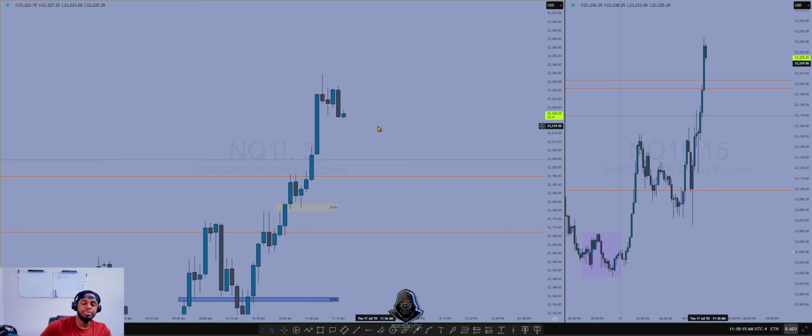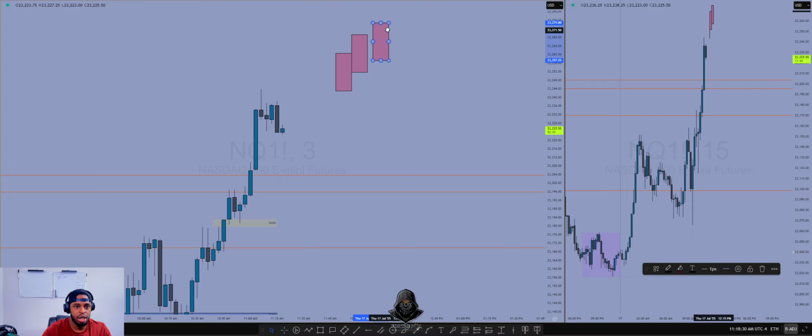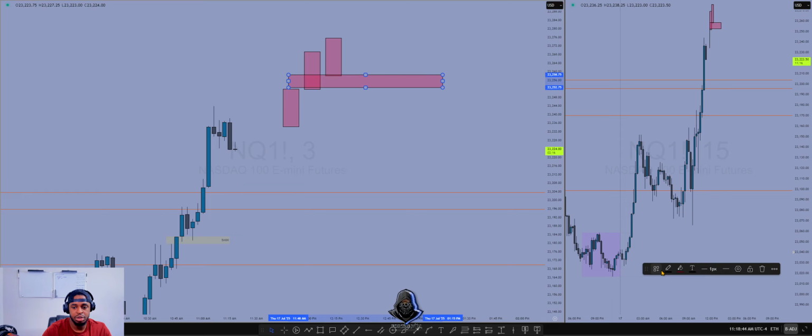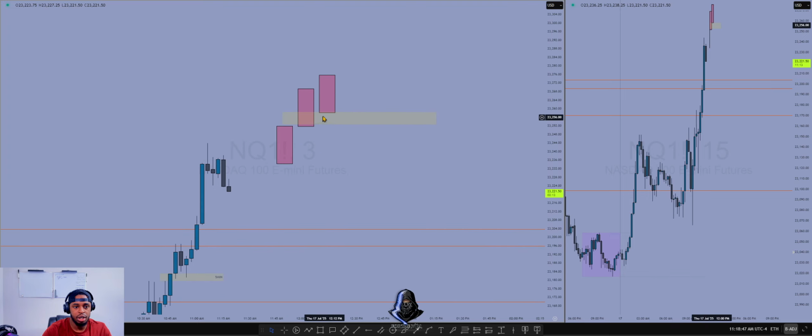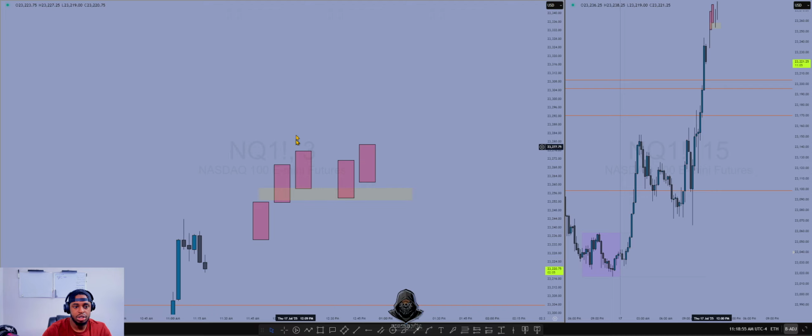Yep. Because the model could be present there. Because what happens is, let me see if I can draw that real fast. So what happens is you have this here, you have that here, and then if you have imbalance here, and then price comes into it like that and then pushes out, whatever this low is to the high that it made, that'll be my dealing range.